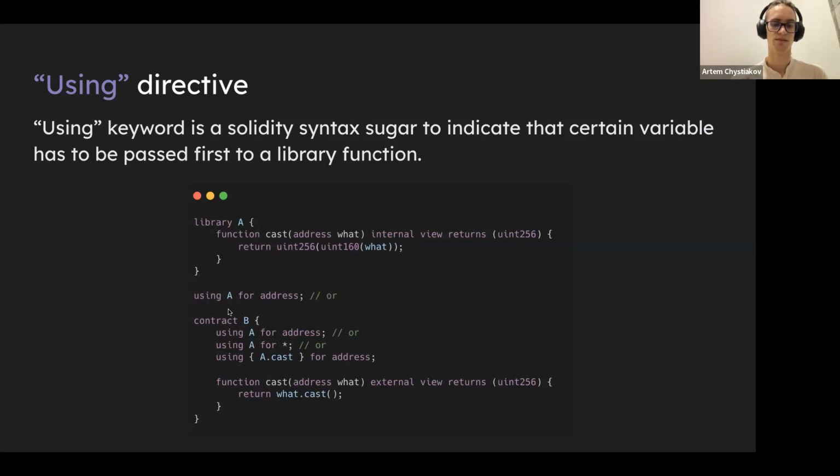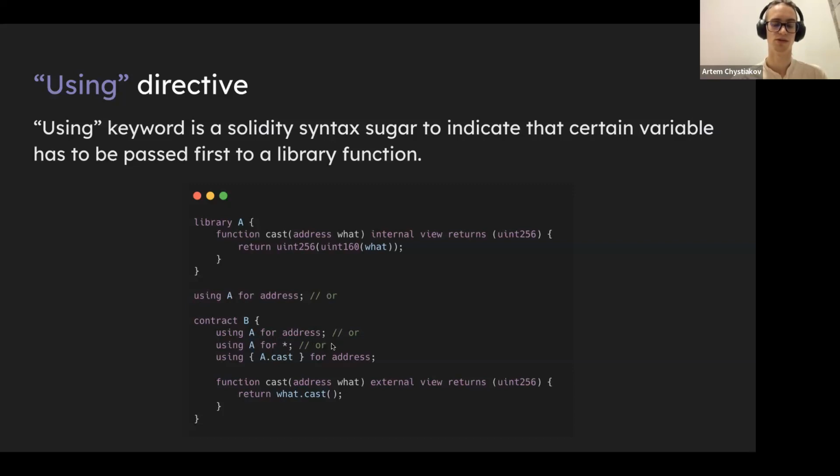Yeah, this is the global declaration, which will be available for the whole scope of the file. Then there is a local declaration, in which I bind the library to a specific type, address.